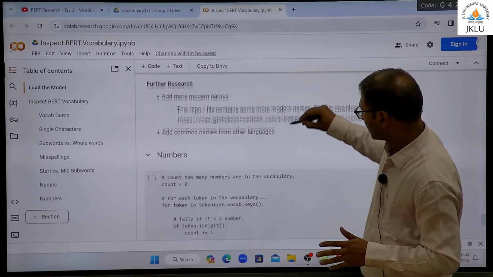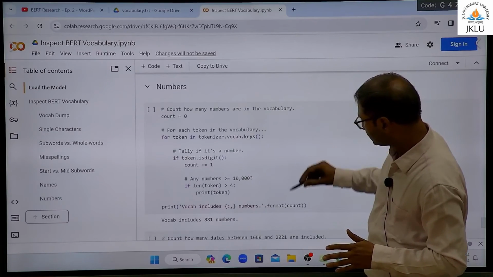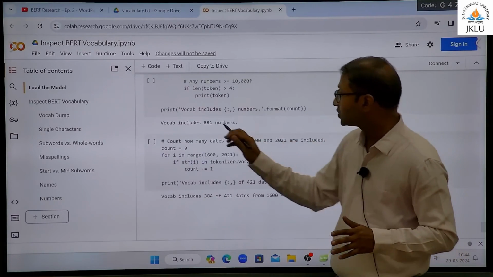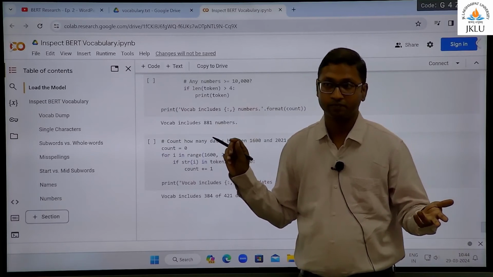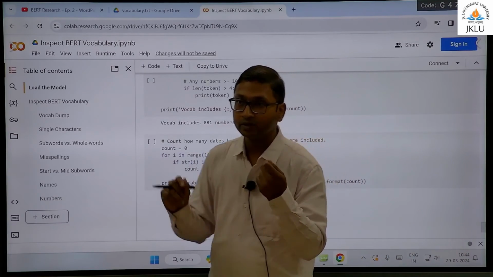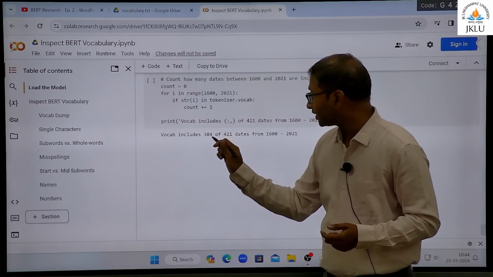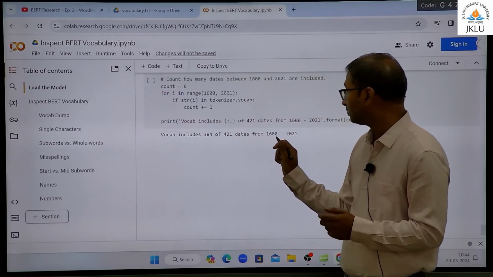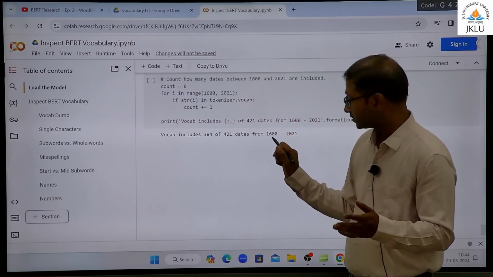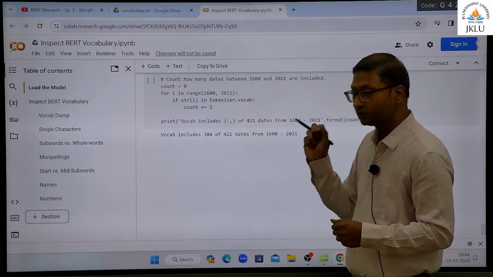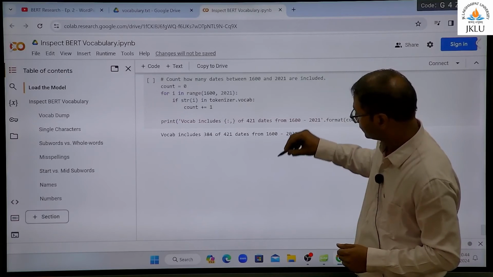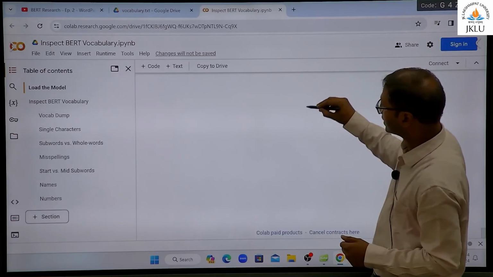Further research: vocabulary includes 881 numbers. You will also see things like years. Vocabulary includes 384 of 421 dates from 1600 to 2021. So I think that is it.